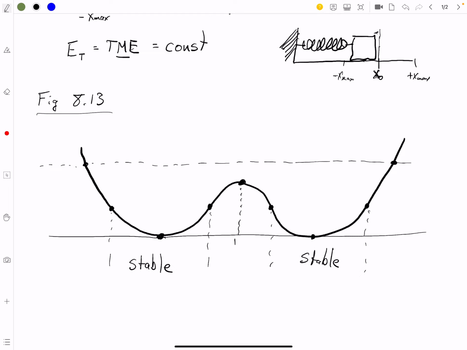This region in the middle here is unstable. In fact, if you did it just right, you could put your object right here. I didn't do a good job drawing this curve. But just like the roller coaster on top of the hill, it's not moving until the wind just slightly blows it. So here you are at the top, everything's symmetric.